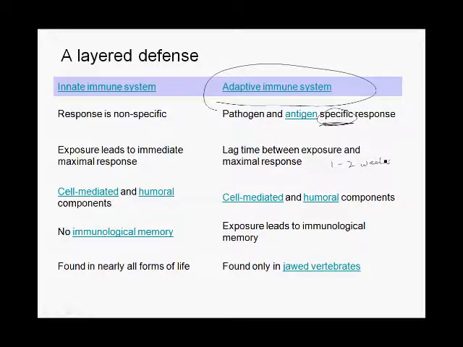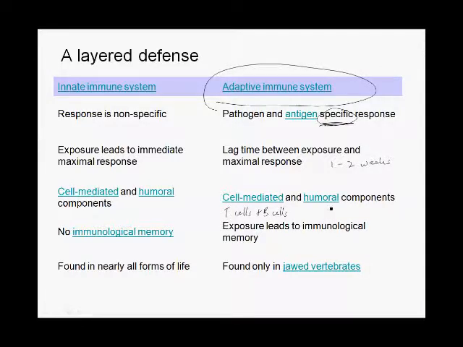So there is a lag time between when a virus or bacterium first enters the body and the mounting of an effective adaptive immune response against that particular strain. And it consists of both cells, active cells, and we will see these are T cells and B cells.